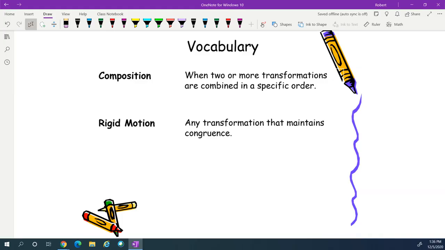And the definition of a rigid motion, something that we've talked about before: a rigid motion is anything that does not affect congruence. Translation, rotation, and reflection are rigid. They do not affect congruence. A dilation does. And that's something that we've talked about in the past.